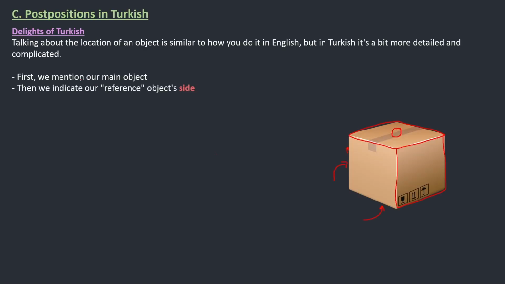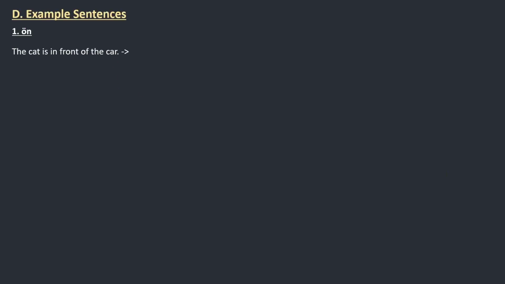First, mention the main object. Our object is a cat, kedi. And our reference is a car, araba. So we first mention the cat, kedi, and then we need to mention the side. So the side is front, and it belongs to the car.